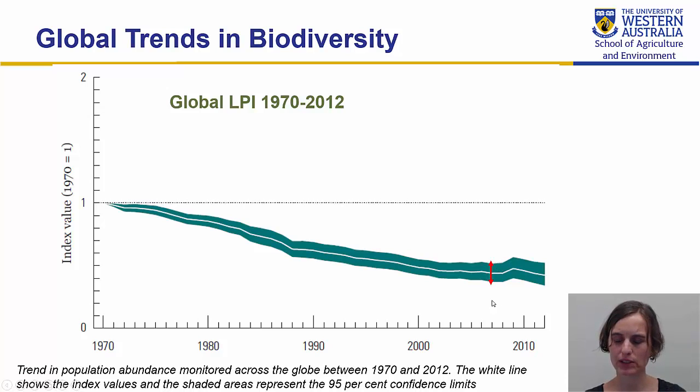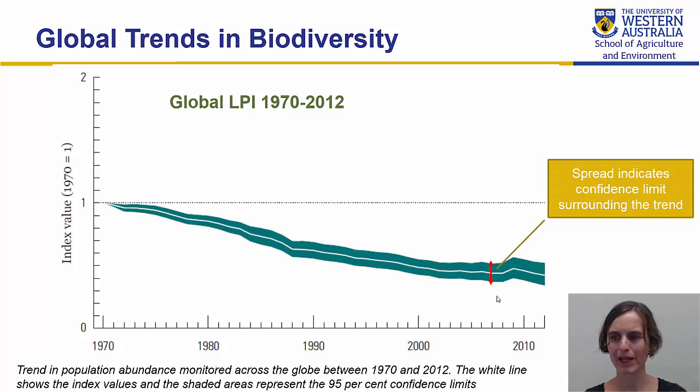This spread is an important concept in statistics. It shows you the variability in measurement. In the Living Planet Index, it shows a confidence interval around that average trend that they've calculated. So keep that in mind, because it will come back.